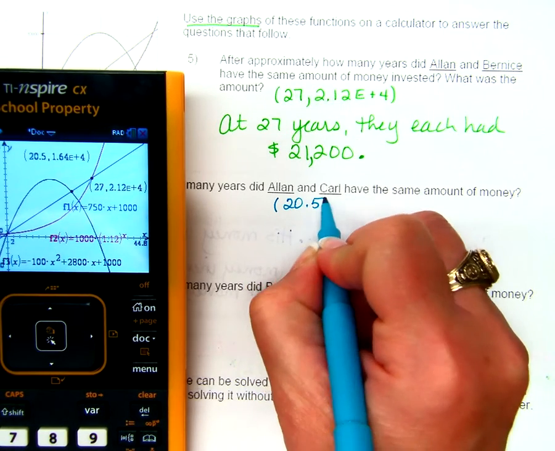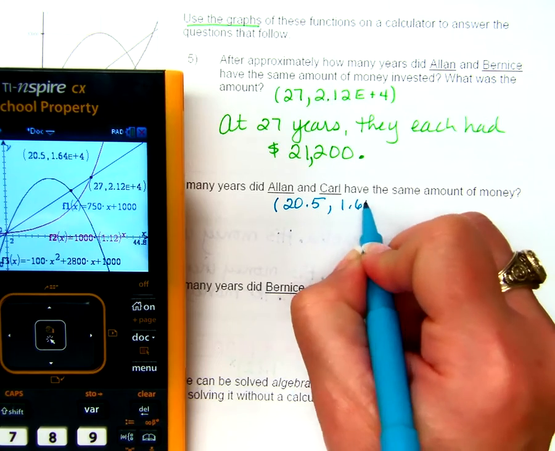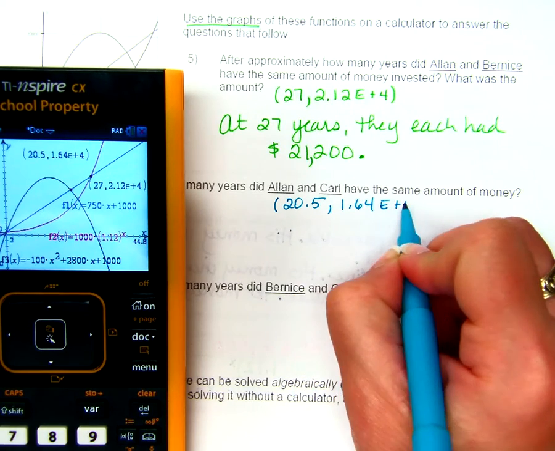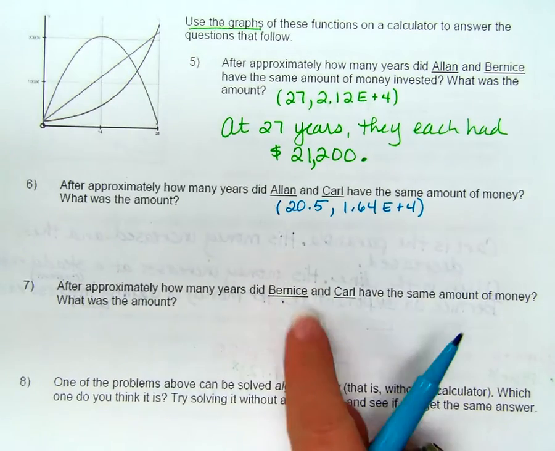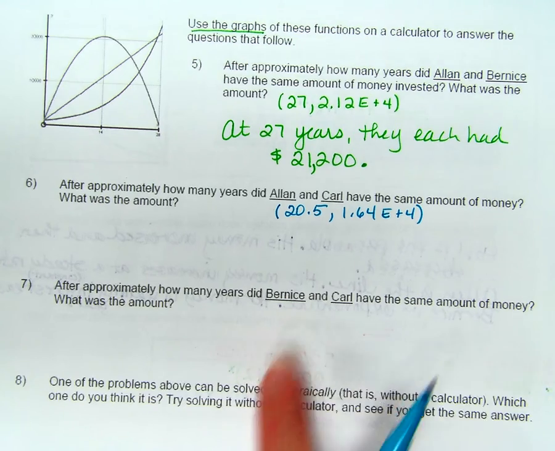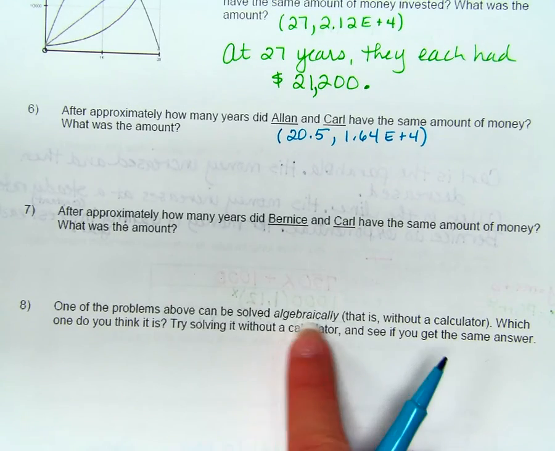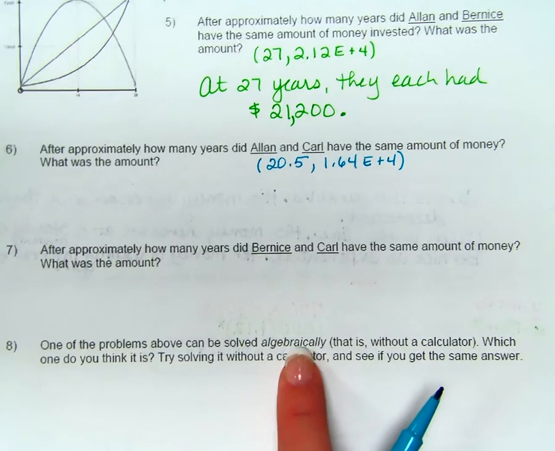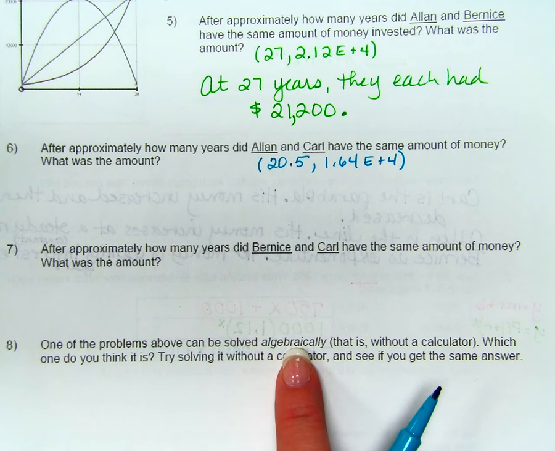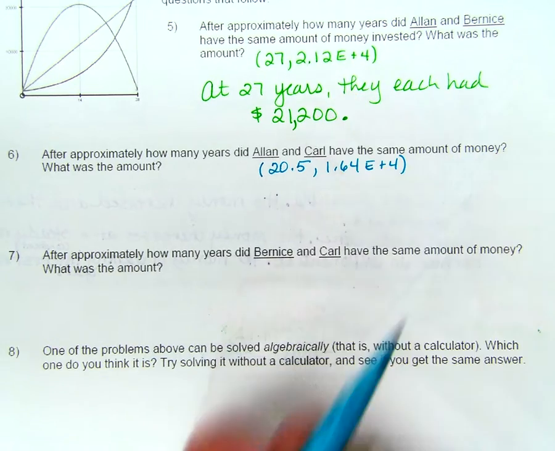20.5, 1.64 E4. I'm going to keep doing 6 and 7 so that you have it on the recording. Number 8 asks you to solve it algebraically, which means you're going to figure out which ones you can solve algebraically and actually solve it algebraically. You already know the answer because we're going to figure out the answer when we do it in the calculator.